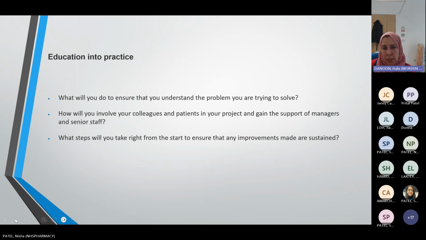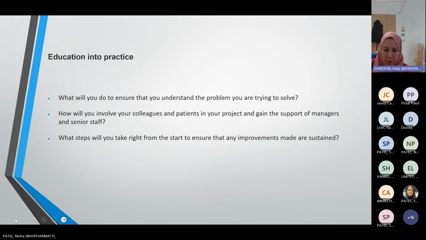So you understand that there's a problem, but you need to understand everything around the problem as well, whether that's the system, whether that's the medication, whether that is how to do the blood test, whether that involves any other education about the mechanism of action of a specific drug. Once you do a blood test, you need to understand all of these things. So you need to have a full knowledge about the problem and the protocol that you're going to write for that specific issue. Also, how will you involve your colleagues and patients in your project, and how will they support you, and how can you support them as well?